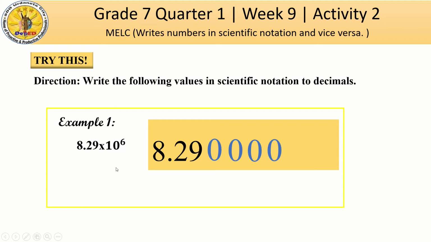Ayan, 6 movement. 6 moves ng decimal point. So, 1, 2, 3, 4, 5, 6. So, that's the final answer. So, the answer there is 8,190,000. Did you get it? Okay.